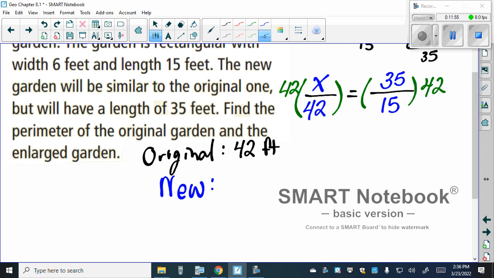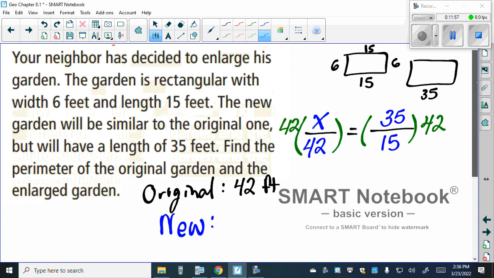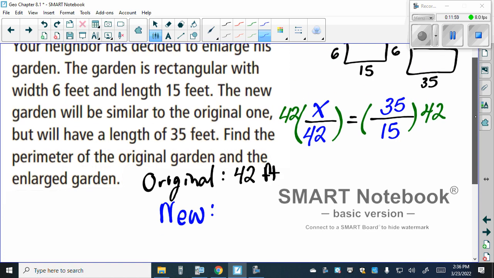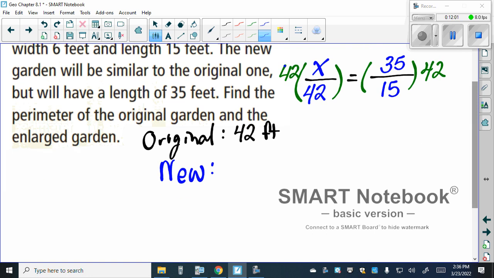Because our original perimeter was 42, these will cancel out, telling us x is equal to 35 over 15 times 42. We can put this in a calculator and get 98. So the new perimeter is 98 feet.